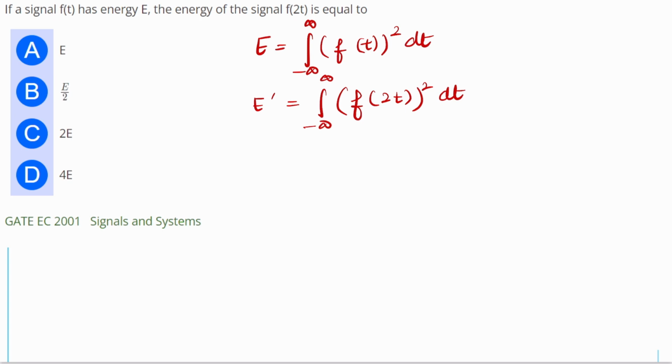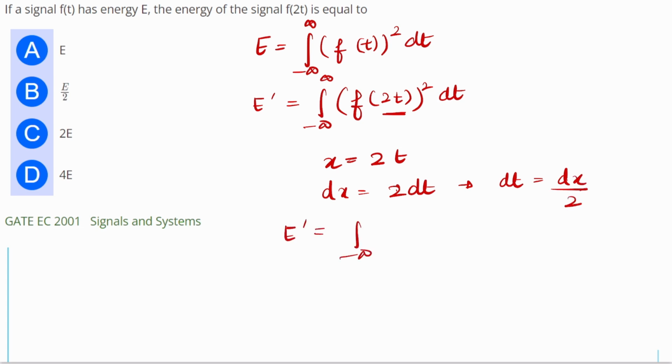But let's just solve it. How to solve it? Let's assume that the inside part, 2t, will become x. So dx will become 2 dt, and dt will become dx by 2, right? So E dash is equals to minus infinity to infinity f(x) square dx by 2.